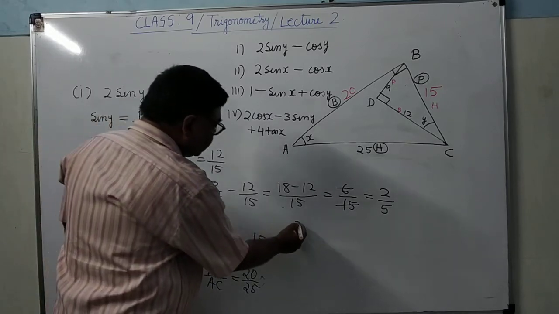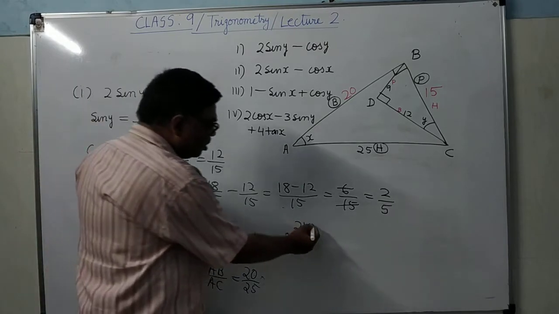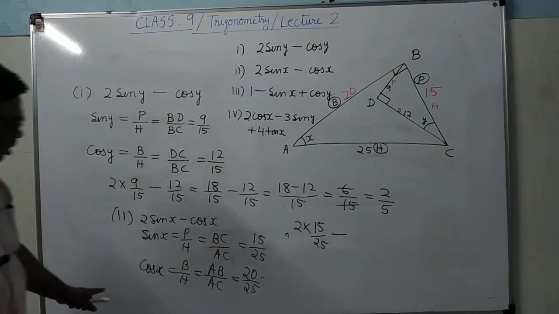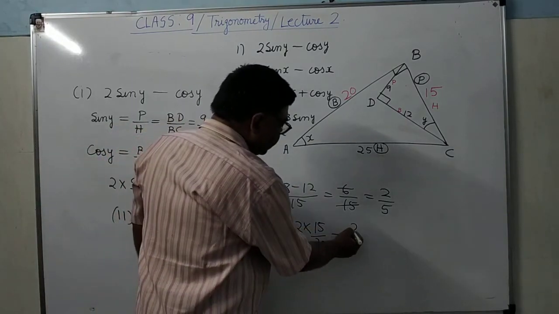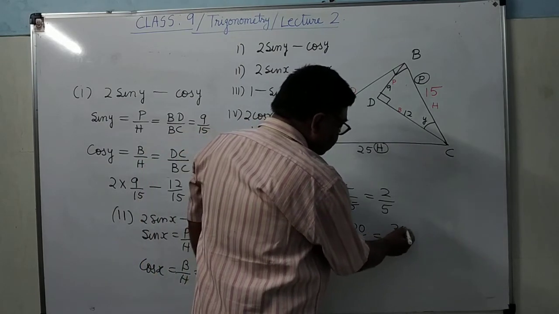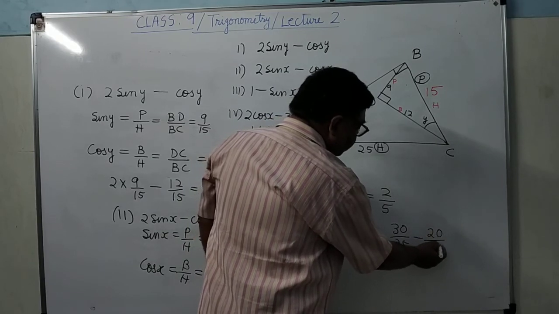Now you substitute here. 2 into sin x, how much is it? 15 upon 25. Minus cos x. What is cos x? 20 upon 25. So this will be 30 upon 25 minus 20 upon 25.